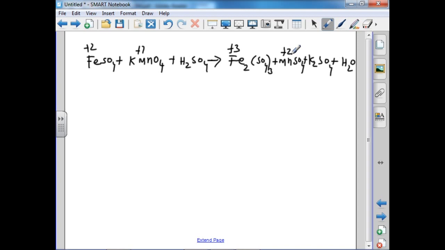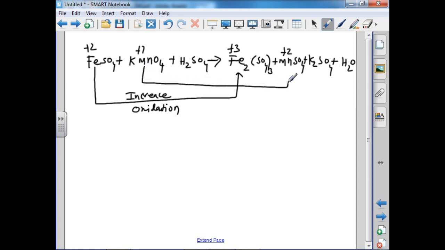The next step, Fe2+ changes to Fe3+. So plus 2 to plus 3 increases. Increase means oxidation. Plus 7 changes to plus 2, decrease. Reduction.